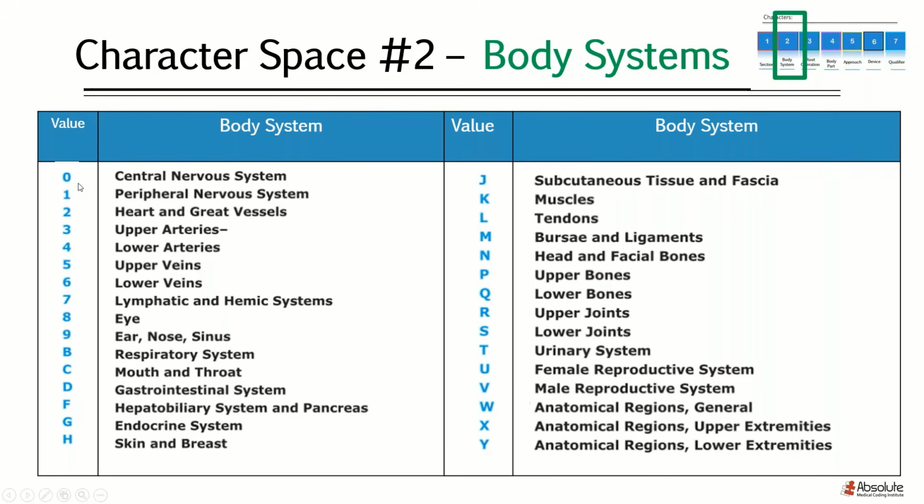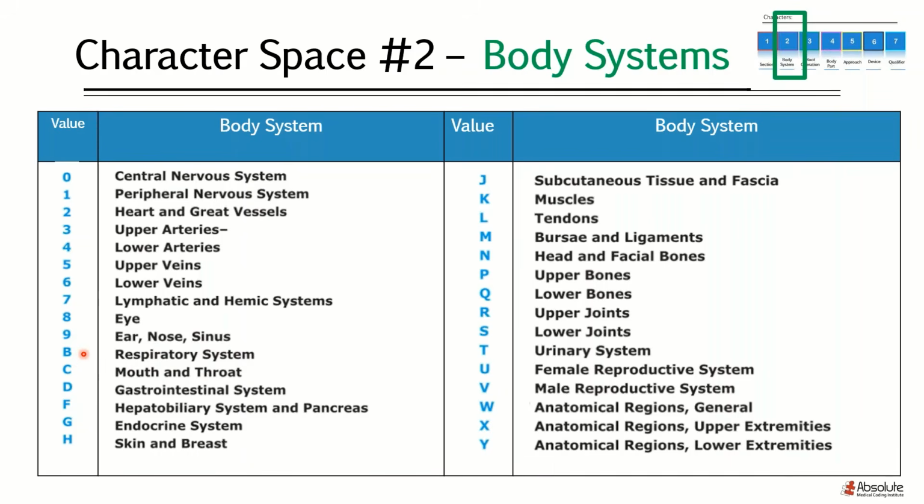If it's a value 0, this is the central nervous system. Value 1, peripheral nervous system. 2, heart and great vessels. Value 3, upper arteries. 4, lower arteries. 5, upper veins. 6, lower veins. 7, lymphatic and hemic systems. 8, ear, nose, and sinus. 9, respiratory system.